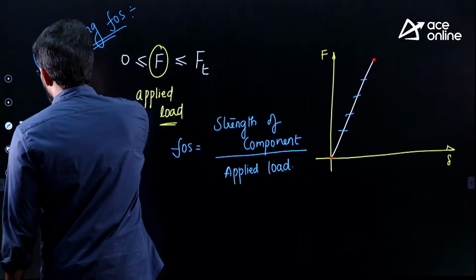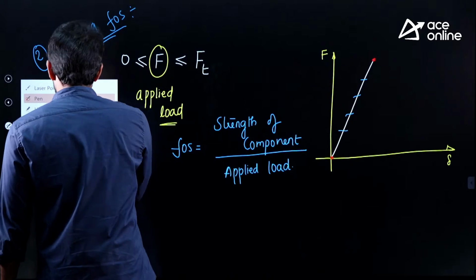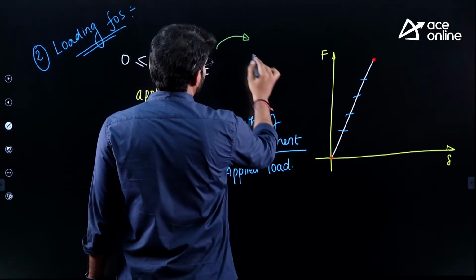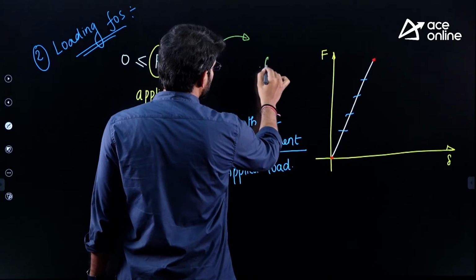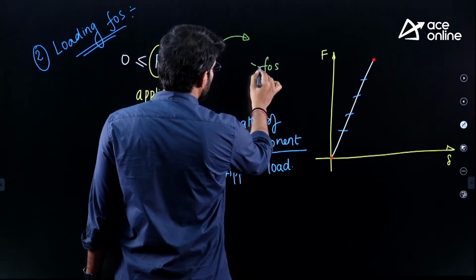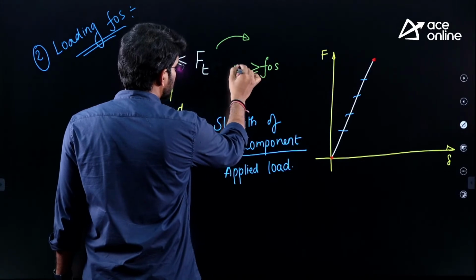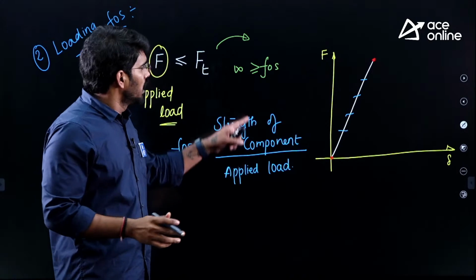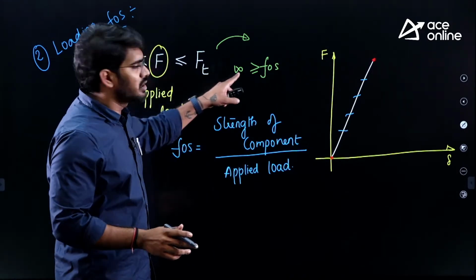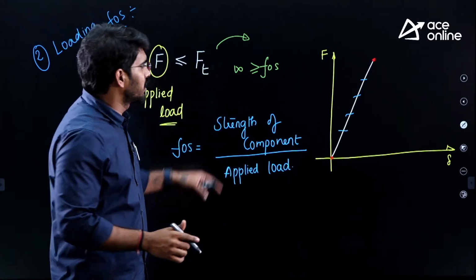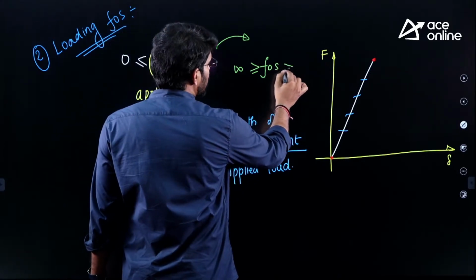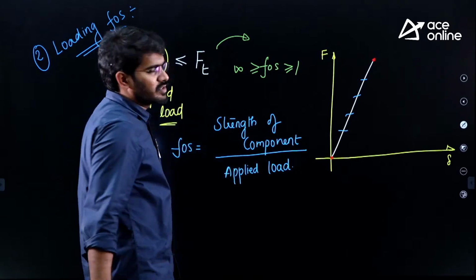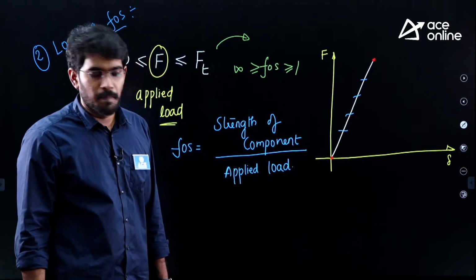Which means for this case, under loading, the factor of safety is ranging from, initially, infinite. If the applied load is 0, the factor of safety is infinite. I can say that it is greater than or equal to 1. When the load becomes equal to Ft, the factor of safety becomes equal to 1.